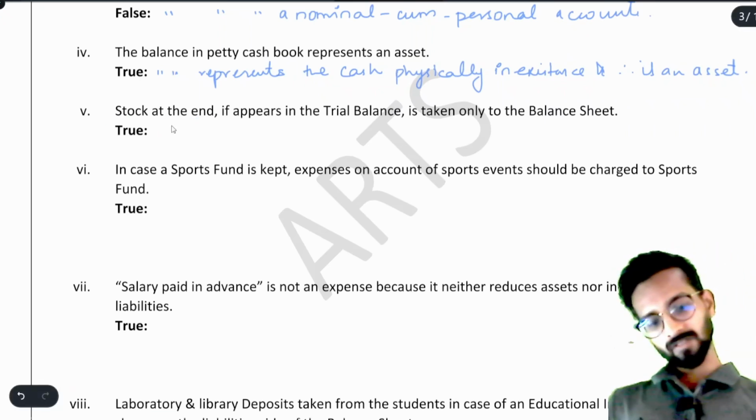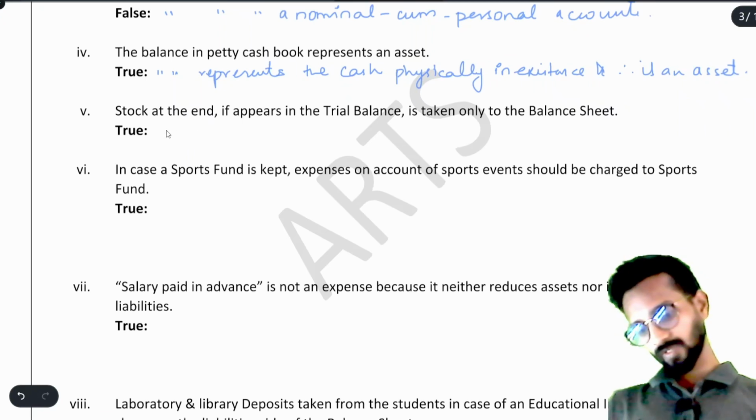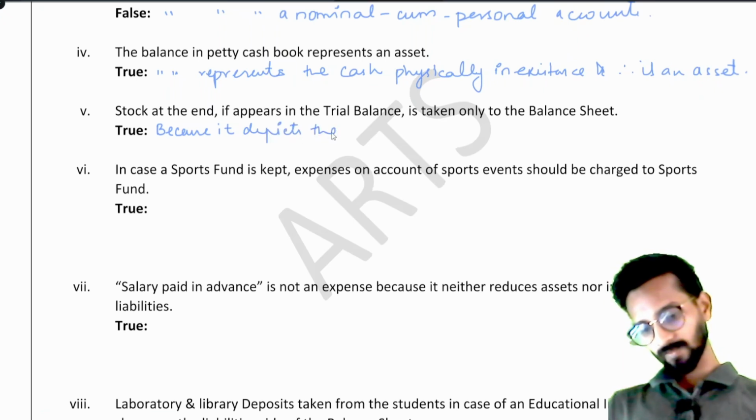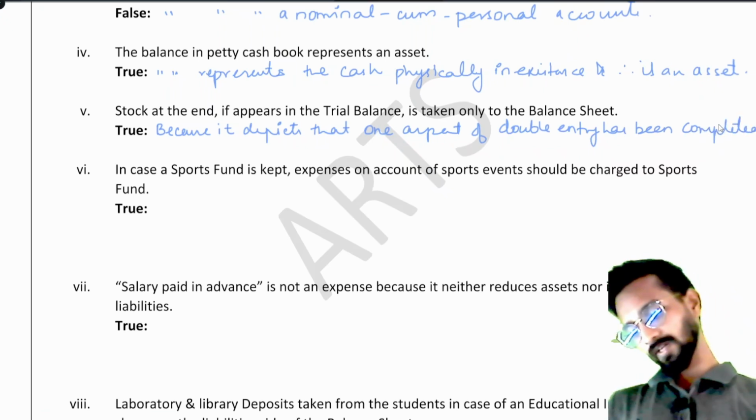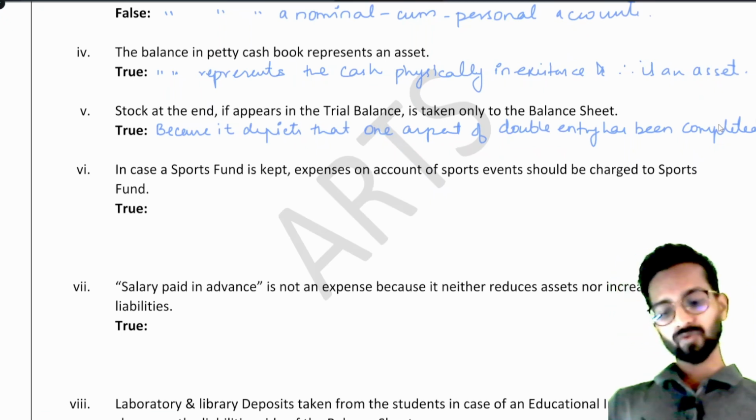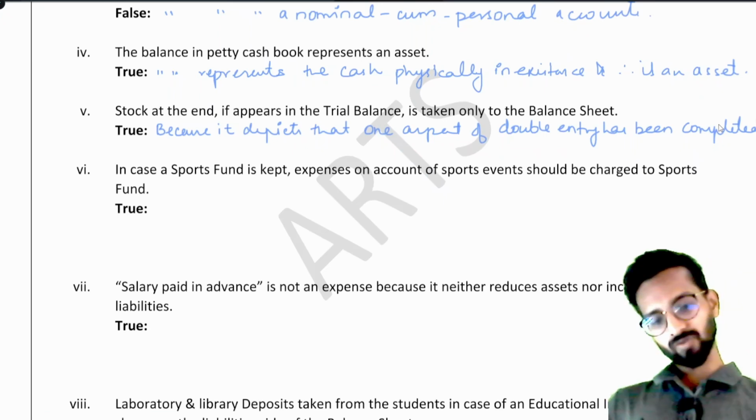So we will write here absolutely true, because it depicts that one aspect of double entry has been completed, because it is already appearing in the trial balance. Understood? We already have given a video for trial balance. If you want to get a detailed knowledge about why this closing stock and what is happening in the trial balance, you can please go and check there.